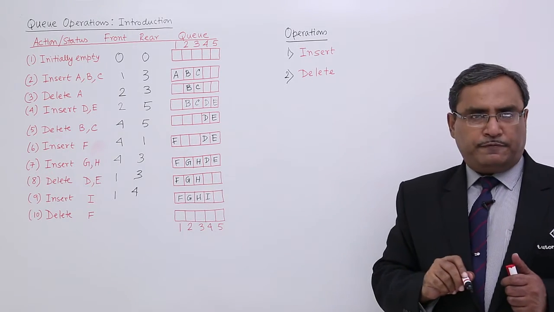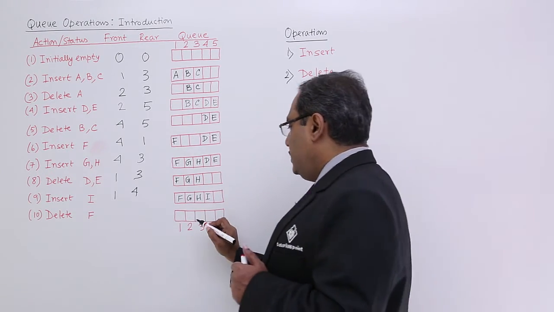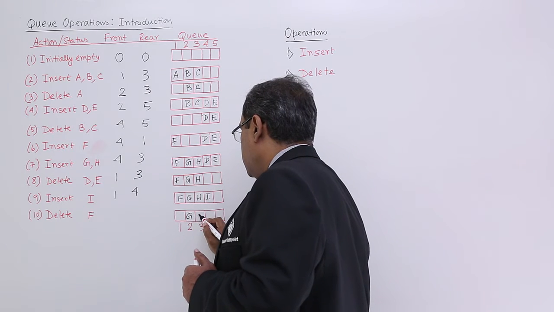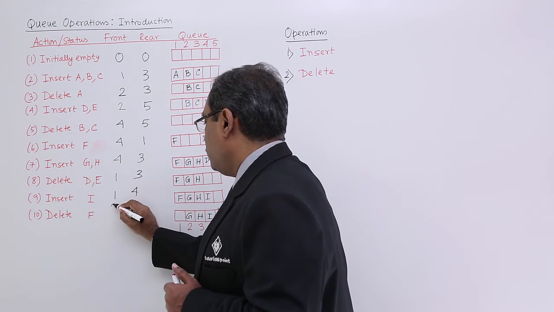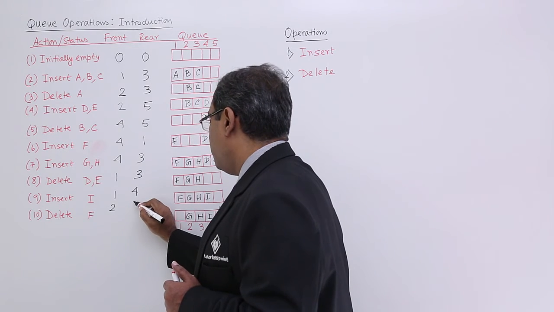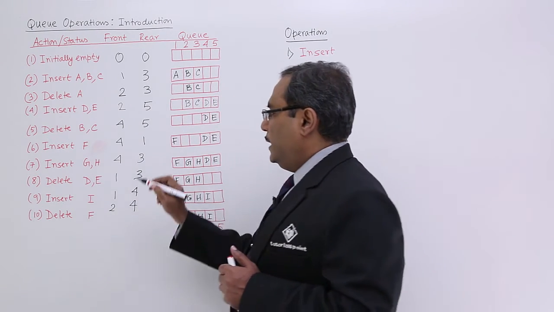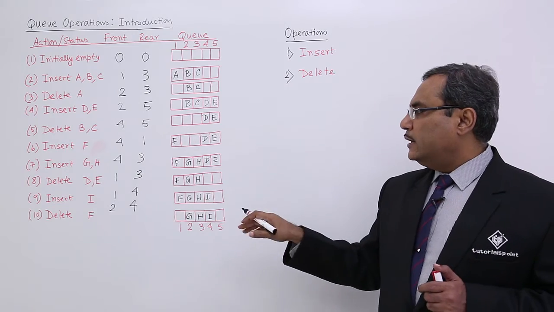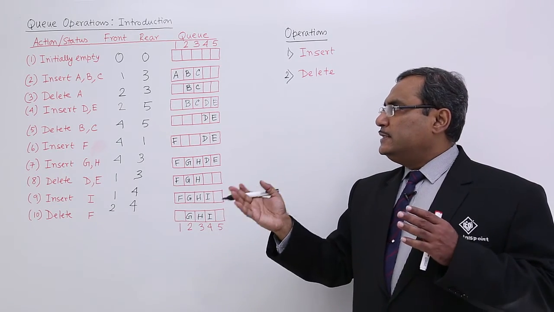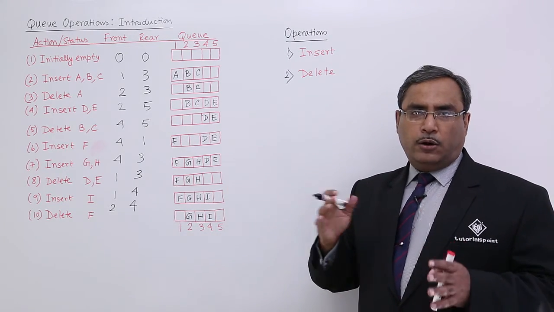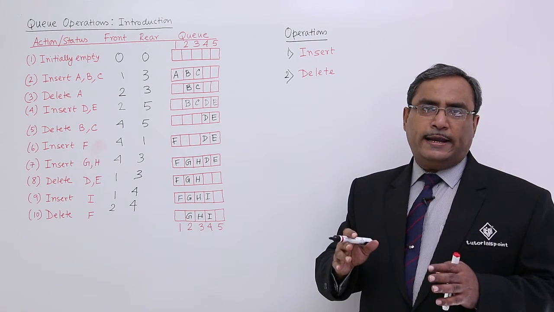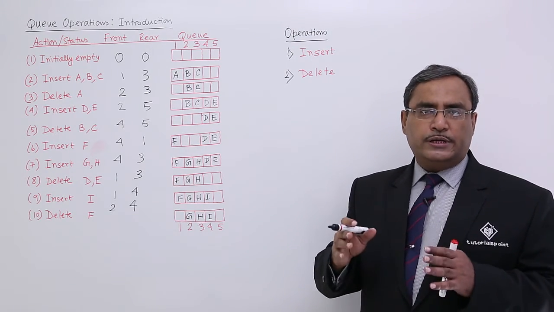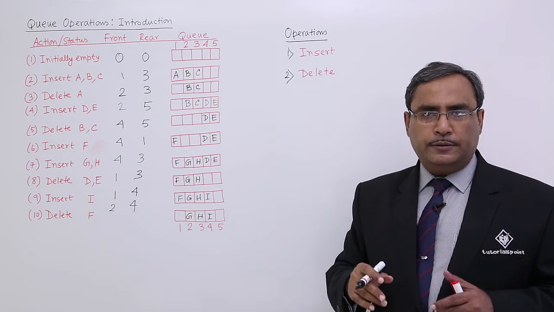Now delete F, so I shall remain with G, H and I, and here front will be 2 and rear will be 4. In this way, I have given you the idea of how insert and delete operations are carried out on a circular queue implemented through an array, and how the front and rear addresses are updated.